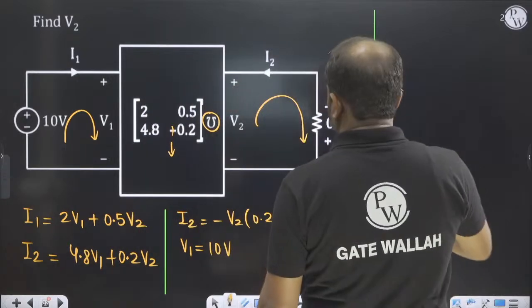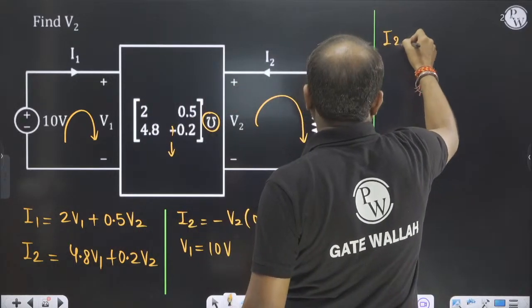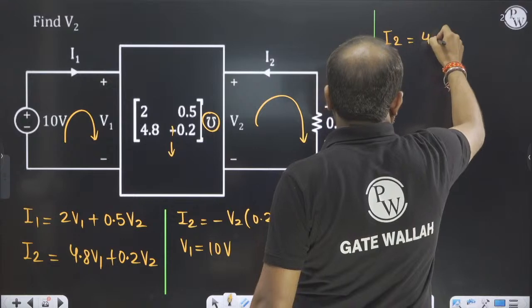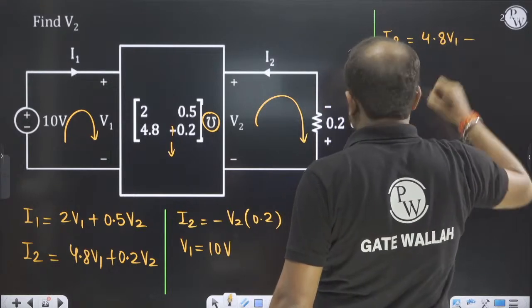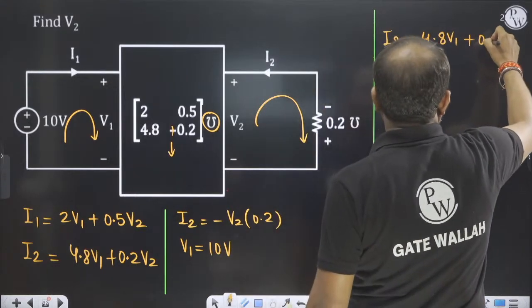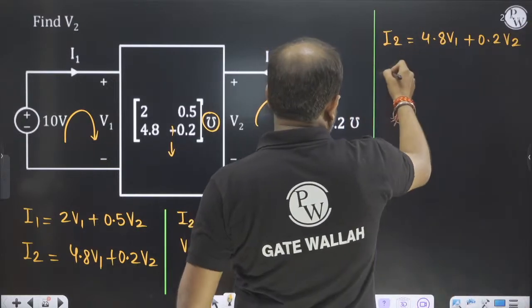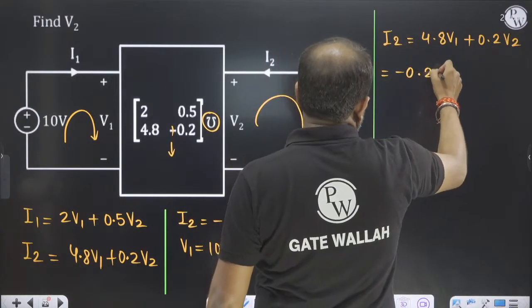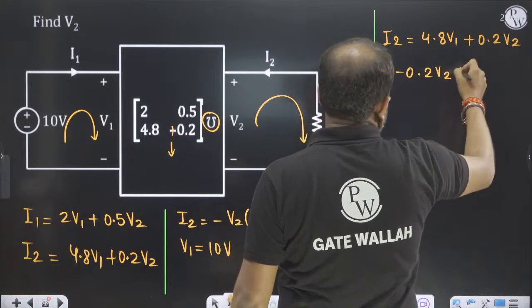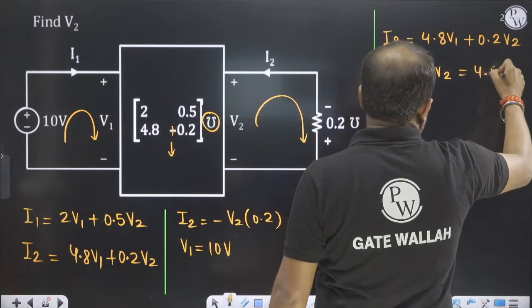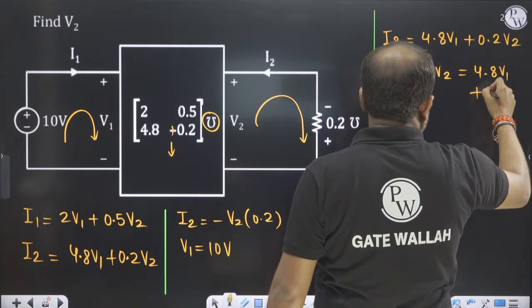So I2 will be equal to 4.8 V1 plus 0.2 V2. I2 will be written as minus 0.2 V2. So 4.8 V1 plus 0.2 V2.